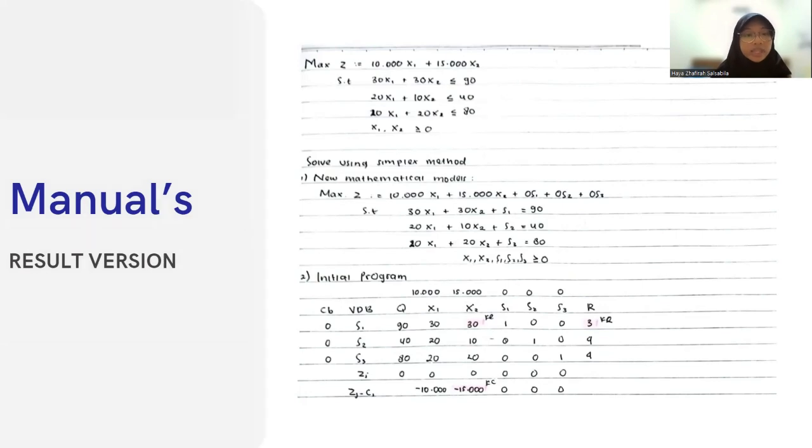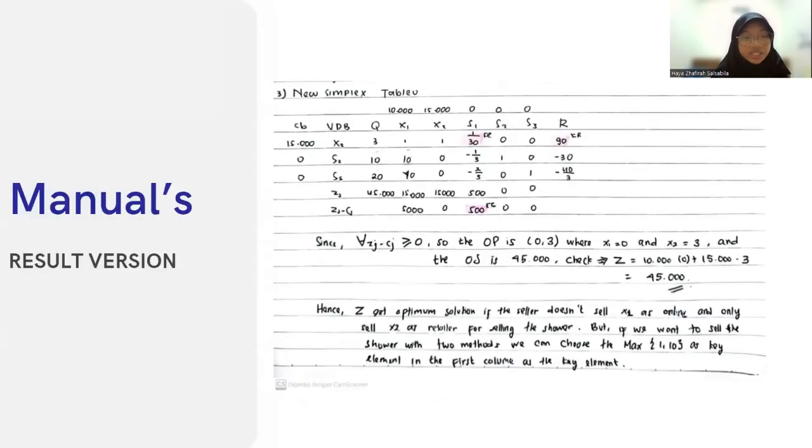After that, we get a new table, or the first iteration. In the first iteration, we do the same calculation, and then we find that all values of zj minus cj are non-negative, so we can conclude that the table is optimal. Then we get the optimum solution, or the z maximum is 45,000.